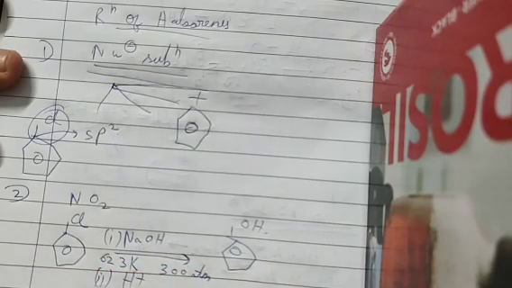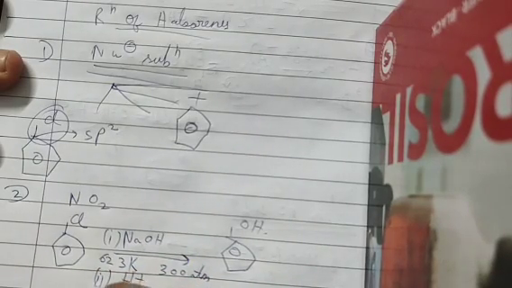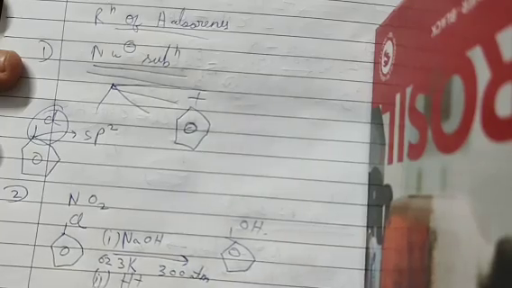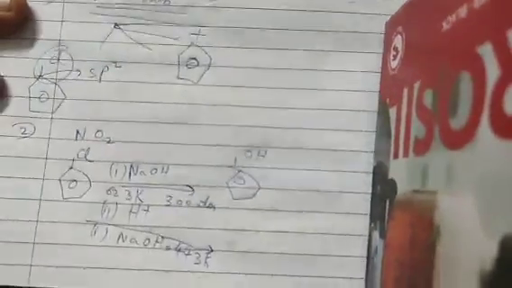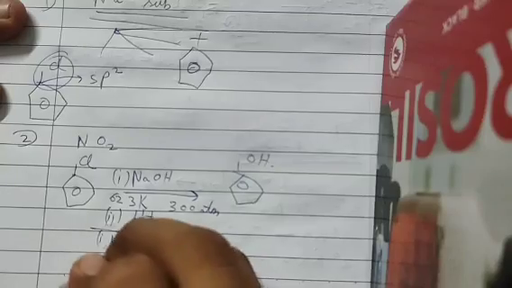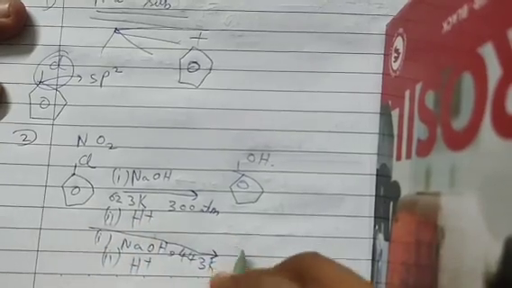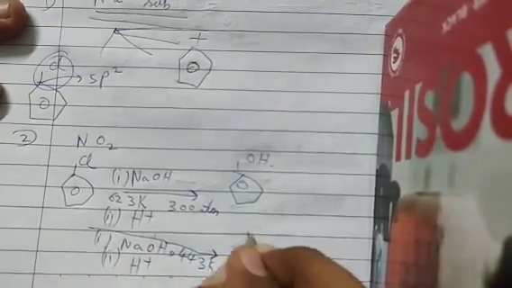But consequently, if I reduce the temperature to 443 Kelvin with NaOH, and then give H plus, then also I will be getting a phenol.